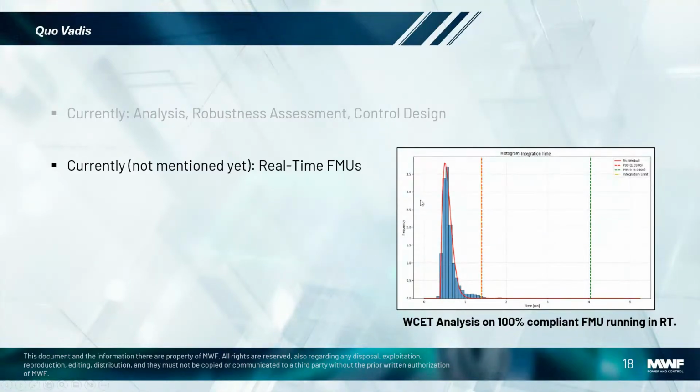Once we have a specific model available, we run this worst case execution time analysis on our Linux preempt based tool, and it tells us at which rate it's able to run our models in such a way that we can tune our communication delays, our step size for the numerical integration, and so on.